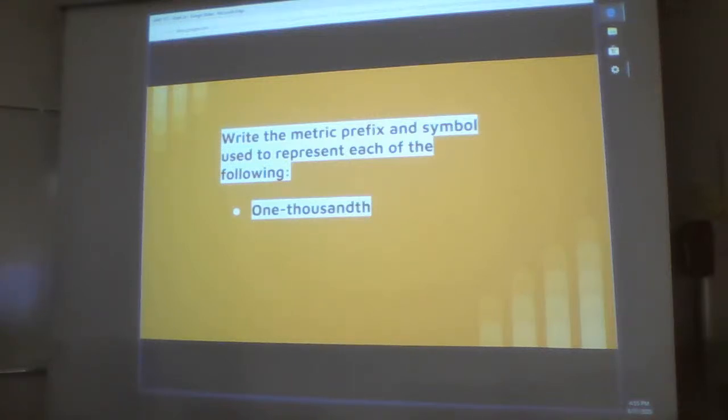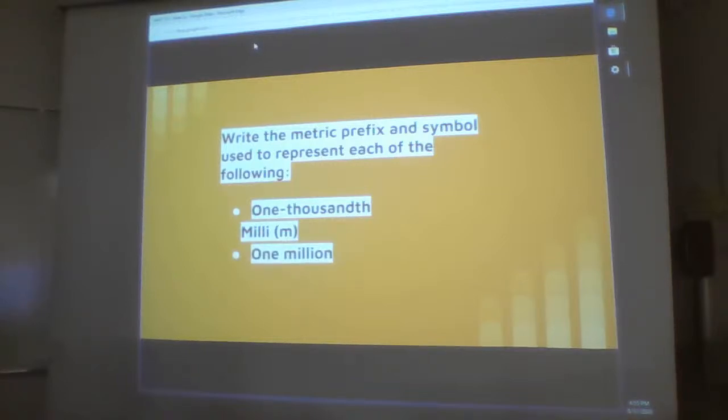Okay, so write the metric prefix and symbol used to represent each of the following. So 1,000th. Which of those prefixes stood for 1,000th? 1,000th is 1 over 1,000, not to be confused with 1,000. So 1,000th was milli, and the symbol for that was a lowercase m.